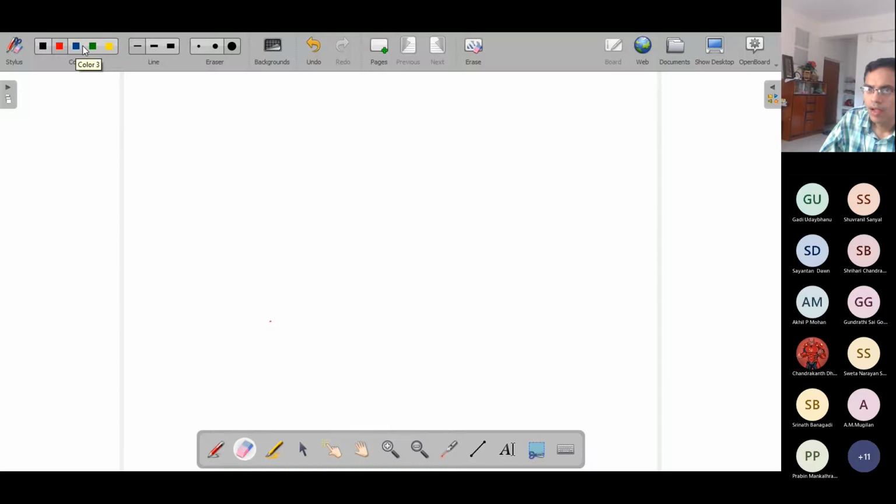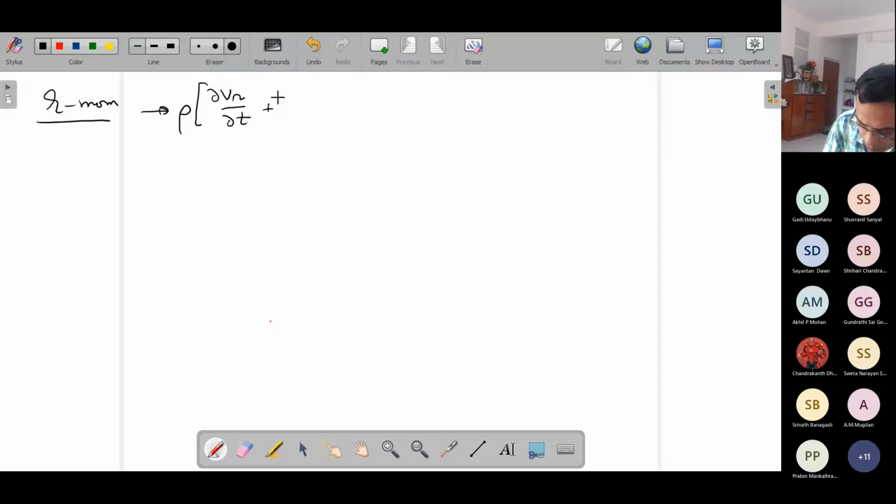So for continuity equation it doesn't matter, but for other equations it will matter. So let us write the R momentum. Again, it will be a bit more lengthy than this one, the rectangular system form.